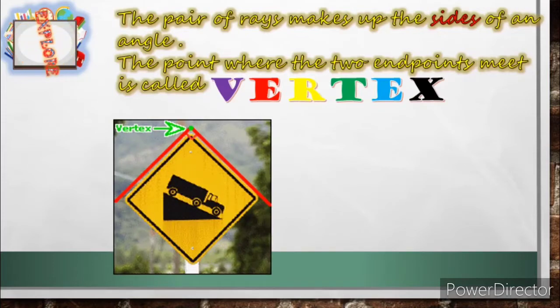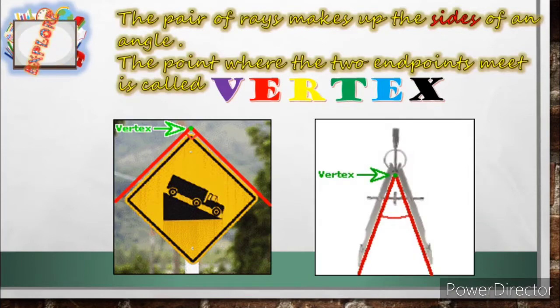This figure will explain what a vertex is all about. Also this figure. Therefore, the figures show that a vertex is the edge of two rays. Very good.